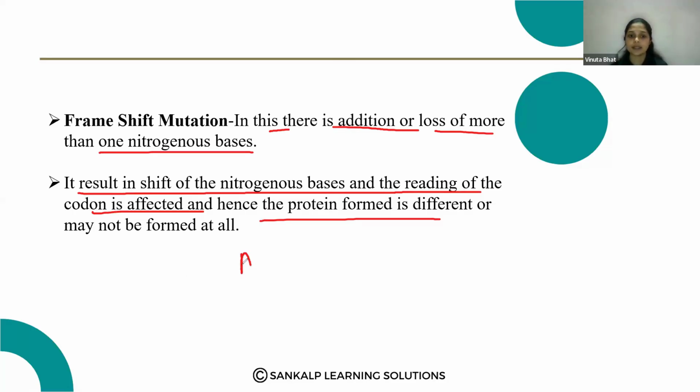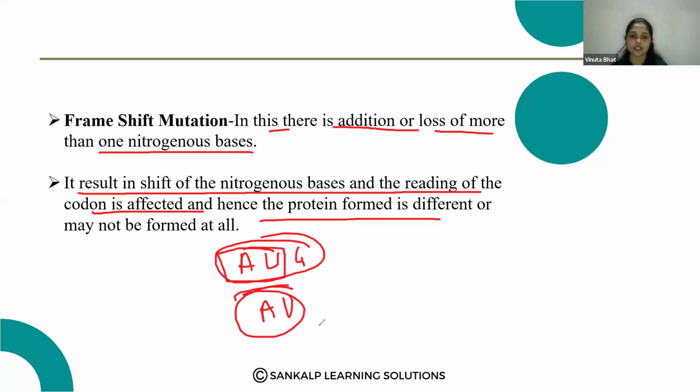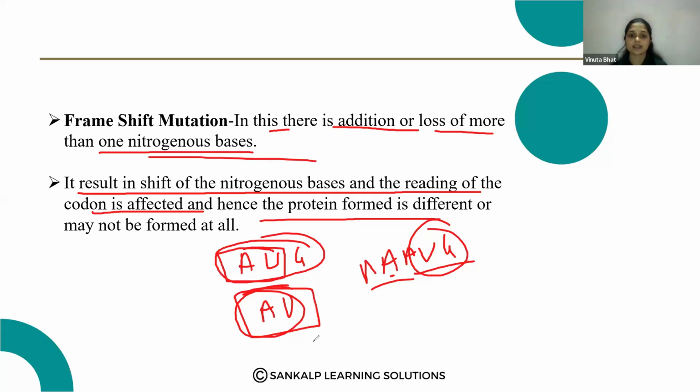So, for example, if AUG is there, there may be a change in the AUG, or sometimes AU is changed. Or there is an addition, sometimes AAUG or AAAUG is added to the AUG. So here more than one nitrogen base is added to the normal gene.